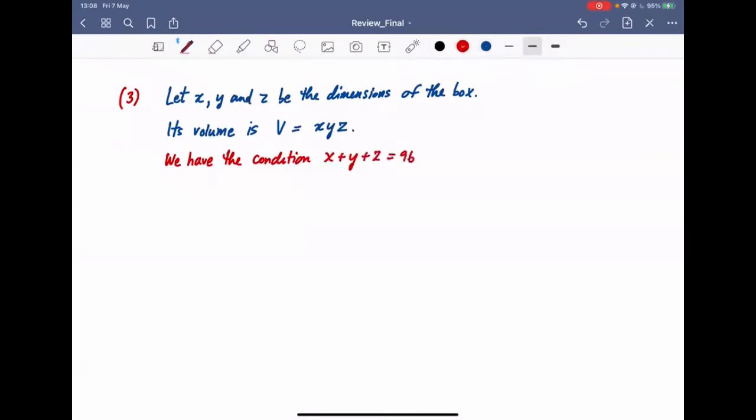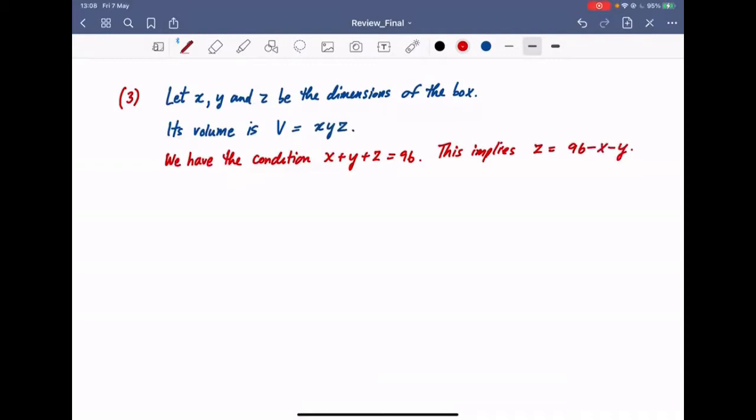Because the sum of the length, width, and height equals 96. This implies z equals 96 minus x minus y.